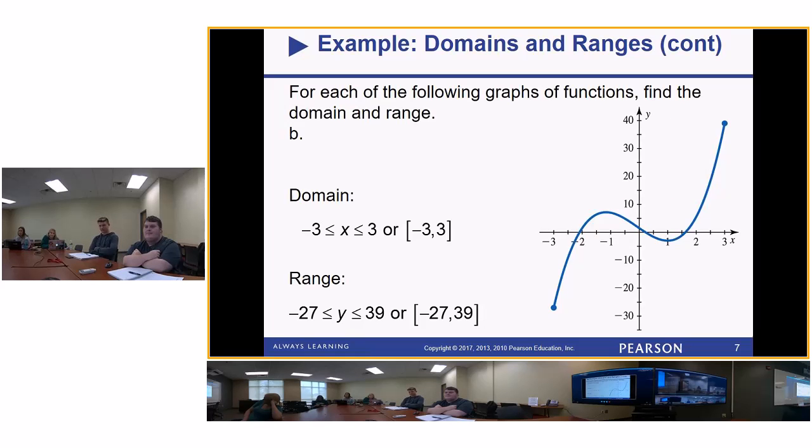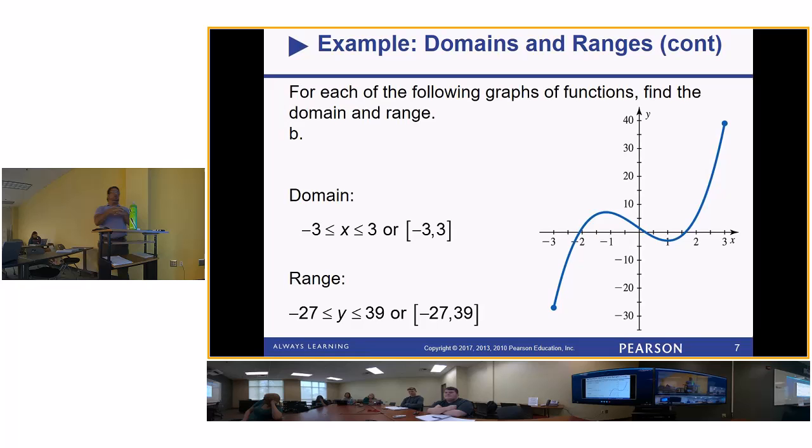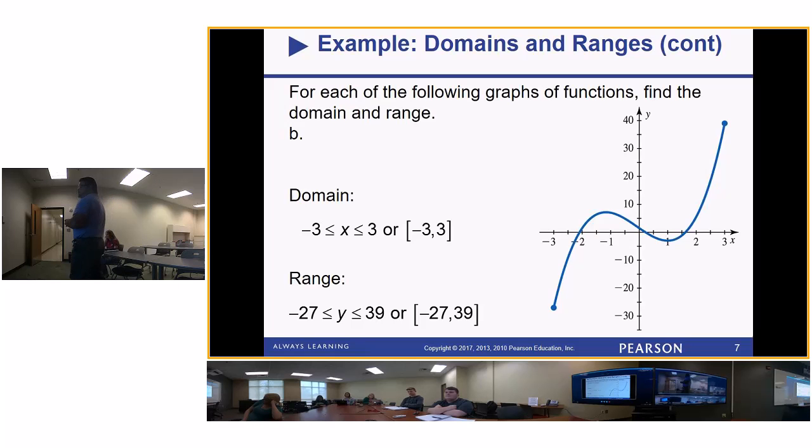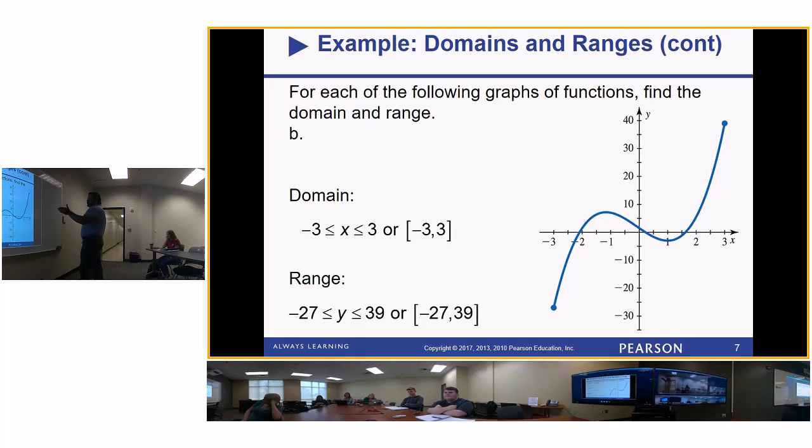Well, okay, there's your domain and range. Increasing from -3 to -1.25, decreasing from -1.25 to 1, looks like 1 or maybe 1.25, and then increasing from 1.25 to infinity.